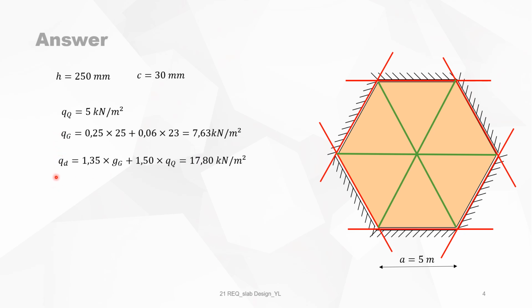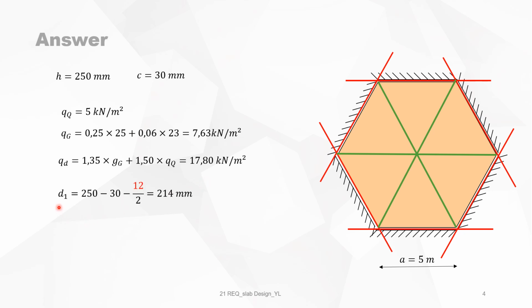Now we will calculate the design value in ULS. This is 1.35 times the fixed load plus 1.5 times the mobile load to give you 17.80 kilonewton per square meter.